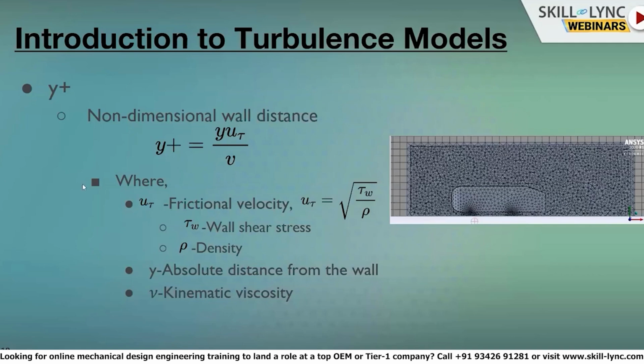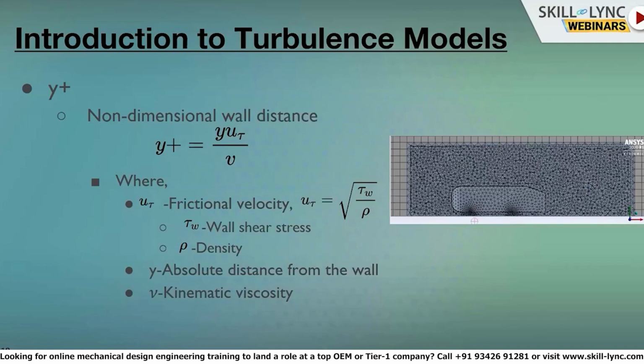So we can put in y plus as 30, and y is what we need to calculate, the absolute distance from the wall. And u tau is the friction velocity, which is given by the square root of wall shear stress by density of the fluid. In most scenarios, we will not know the actual wall shear stress.